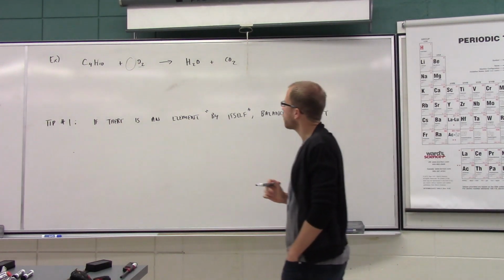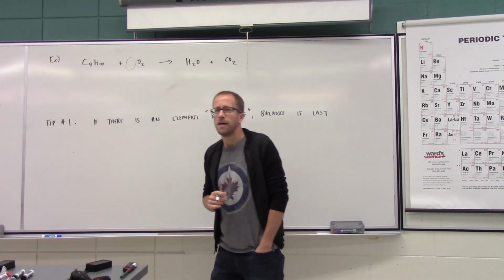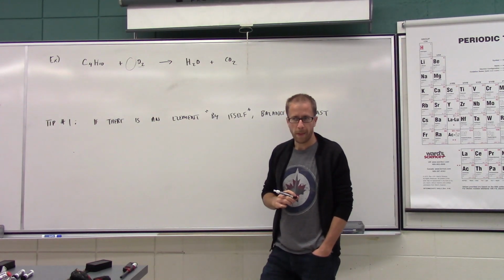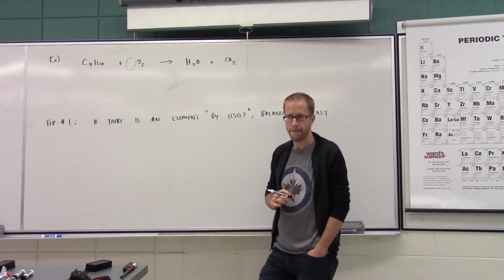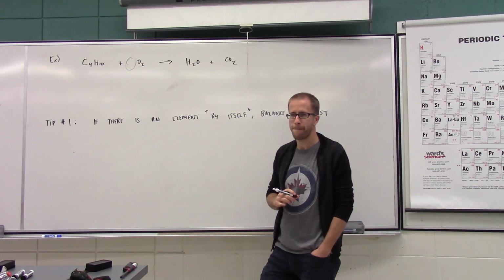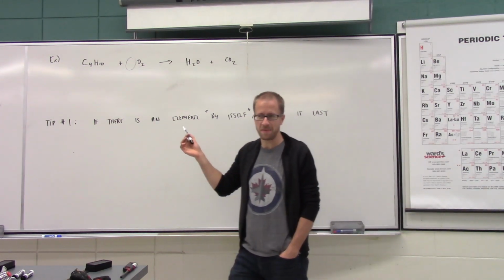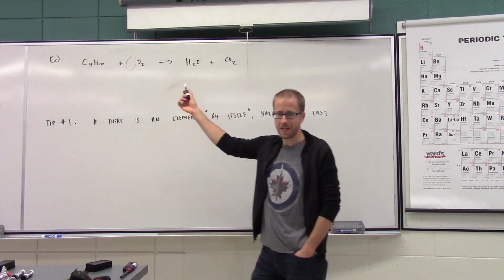So let's go through this problem together and let's focus on doing oxygen last. What's step 1? Write down the skeleton equation. Correct. Do I have the skeleton equation? I kind of skipped step 1, right? I already have the skeleton equation in the interest of time.